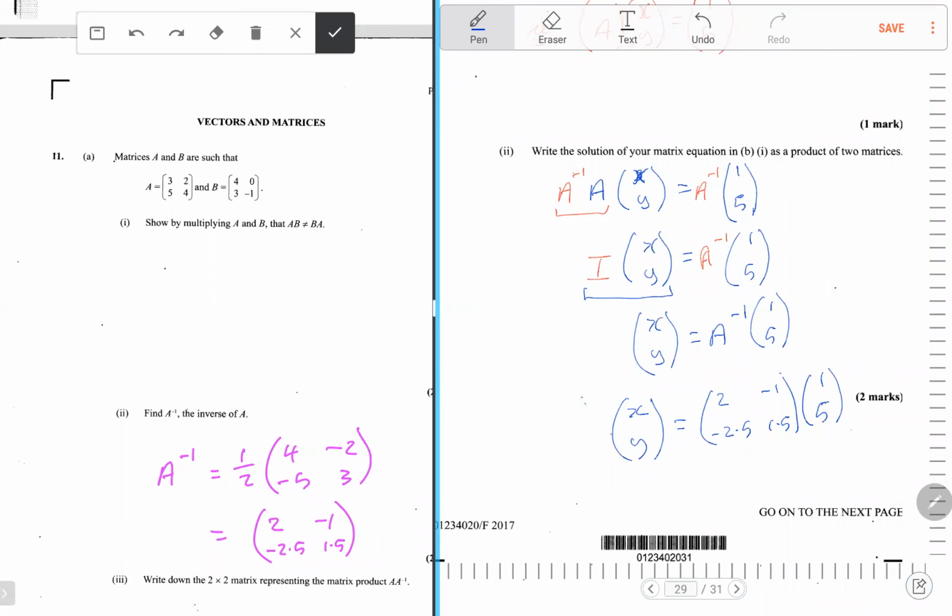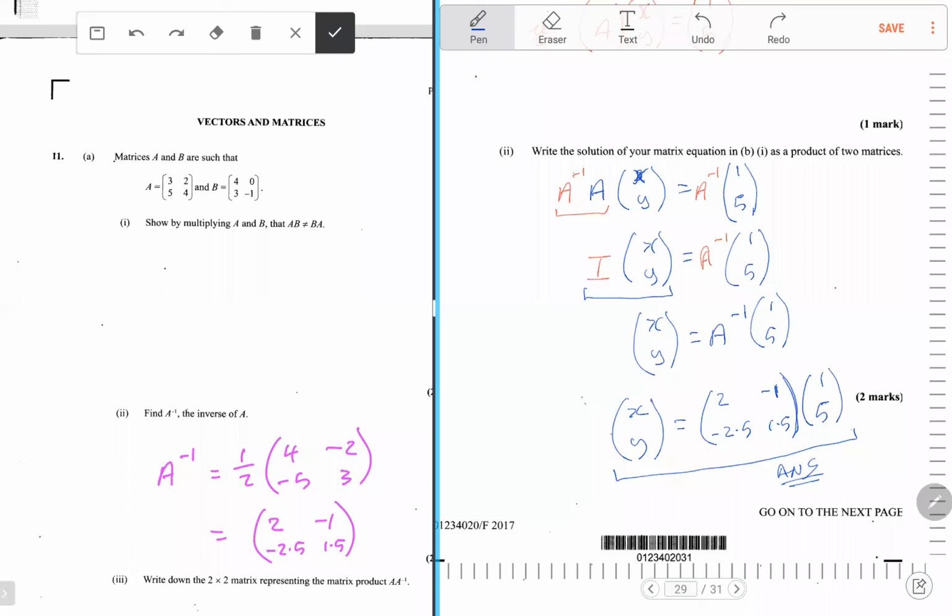And that is your solution expressed as a product of two matrices. That is your answer right there. They don't want you to solve it. They didn't ask to work it out. They just want it written as a product of two matrices. So that is the answer.